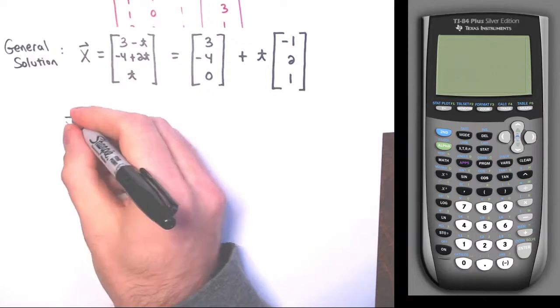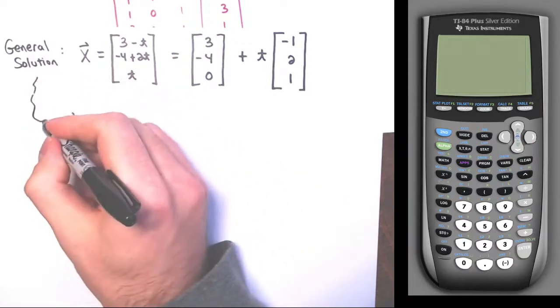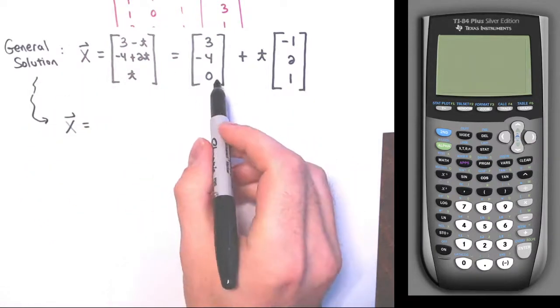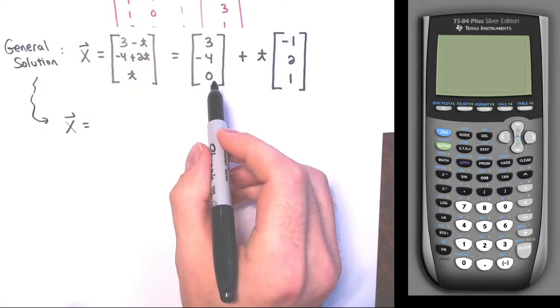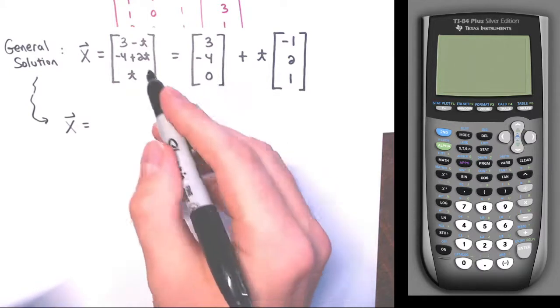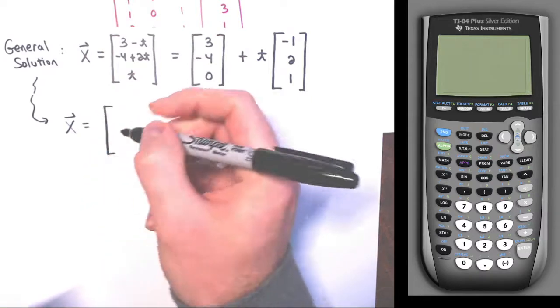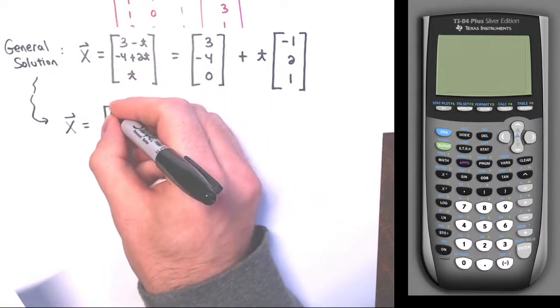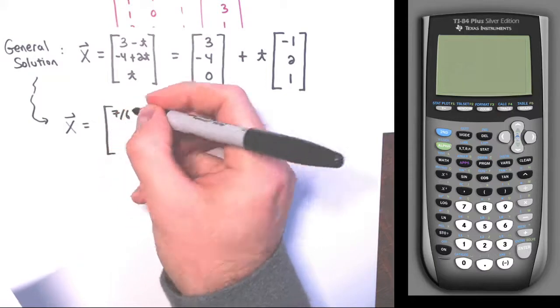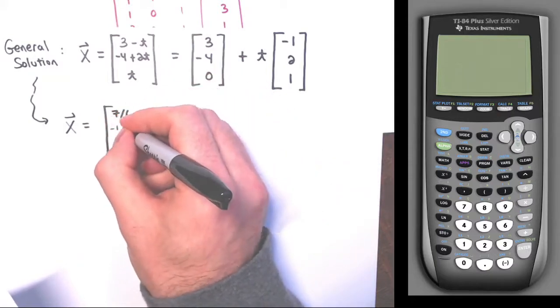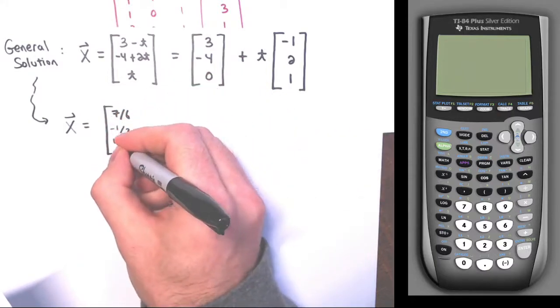We have x equals, so again down here, instead of 3, negative 4, 0, I'm going to write that as the vector from the row space. That was its projection onto the row space, that'd be that 7 sixths, negative 1 third, and then 11 sixths.